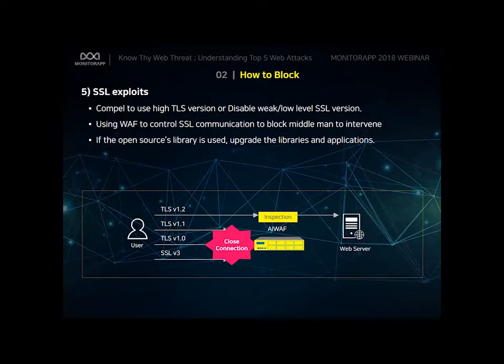Handling SSL communication means that you can prevent intervention. Lastly, avoid using the open source SSL library in the server. The SSL vulnerability exploits a very large number of attacks against open source libraries. It is very easy to use and efficient as it's open to the public, meaning there are a lot of servers using it.